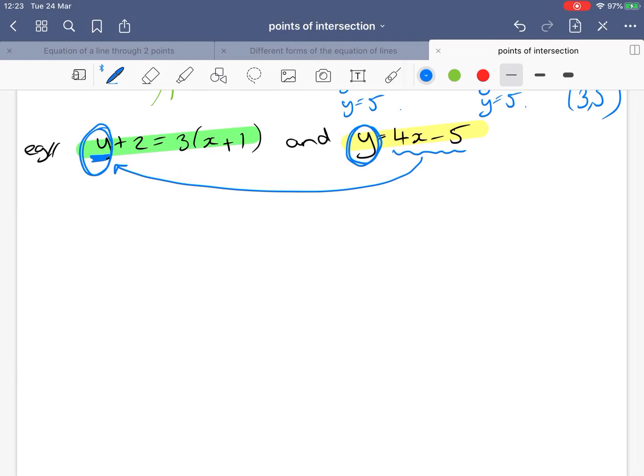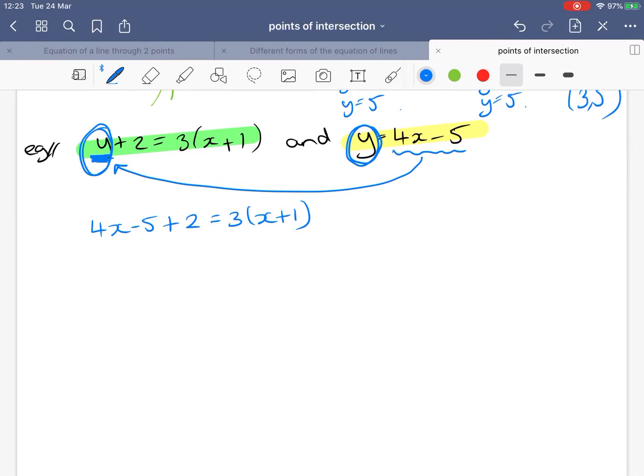And so what I can then do is write 4x minus 5 plus 2, because I'm just replacing this y with 4x minus 5, is equal to 3 brackets x plus 1. This sort of solving equations like this is called a process of elimination. You're eliminating the y by substitution, okay?